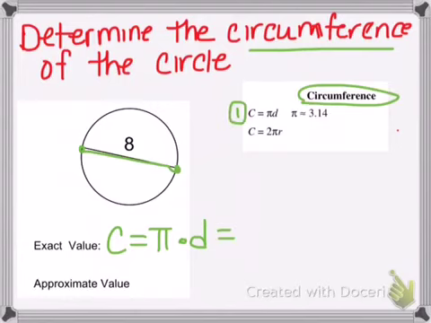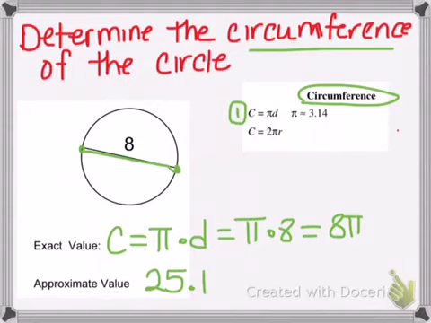So that's going to give me pi times 8, which is 8 pi. That is our exact answer. To find our approximate value, we're going to hit 8 times pi, which is above the times 10 to the x button, and make sure you hit your SD button to get your decimal equivalent. 25.1 would be rounded to the nearest tenth.